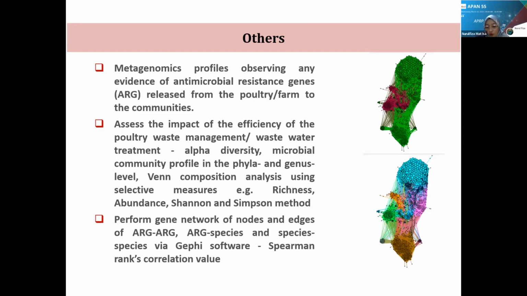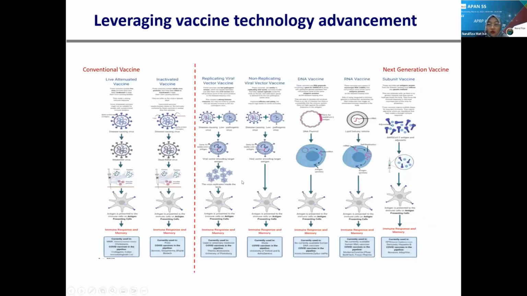And we also perform a gene network of nodes and edges of ARG to species, and also species to species, via Gephi software using the Spearman rank correlation value.